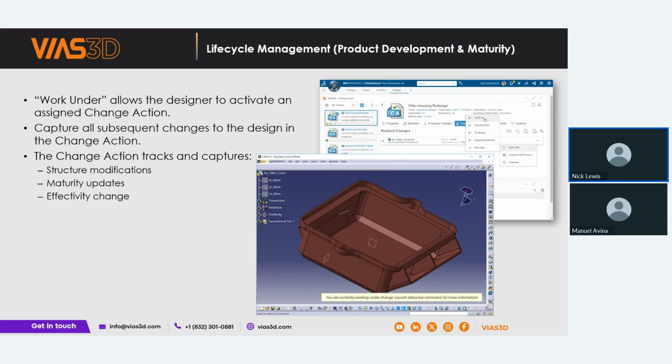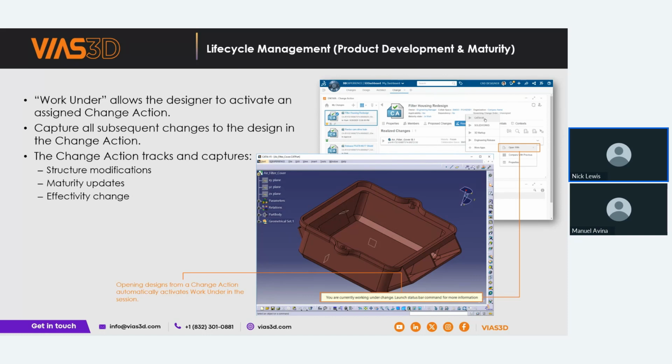All you will have to do is, from the 3D Experience window, select a change action when you open the part. All the work that is done, all the changes that are made will be captured under that change action and then fed back to the system, fed back to the cloud platform.